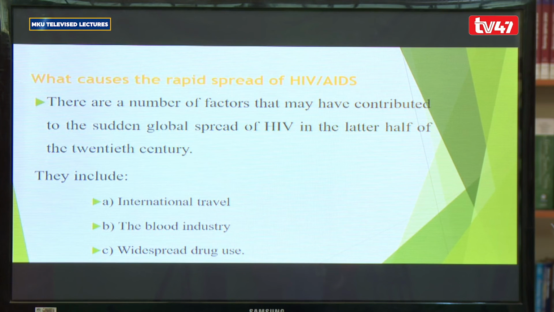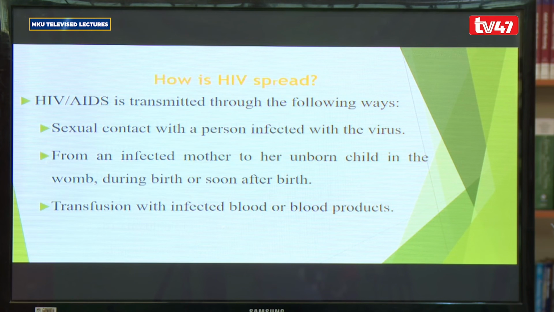The other one is widespread drug use. Drug users did not care much about HIV and AIDS, or because of the drugs they are using, they might not even think properly. And when they engage in sex, or use shared needles, that can lead to the spread of HIV.